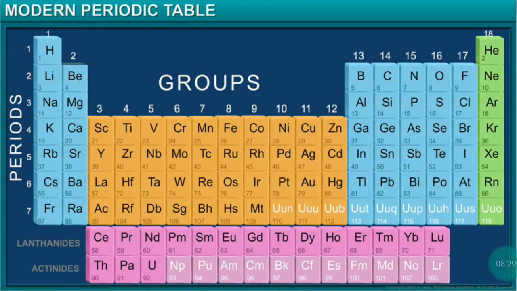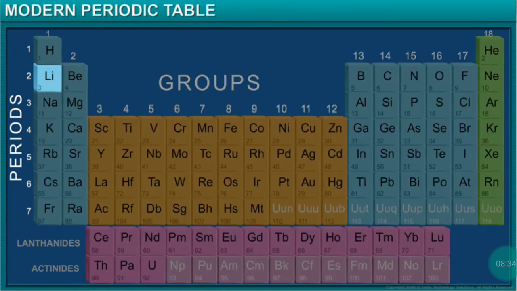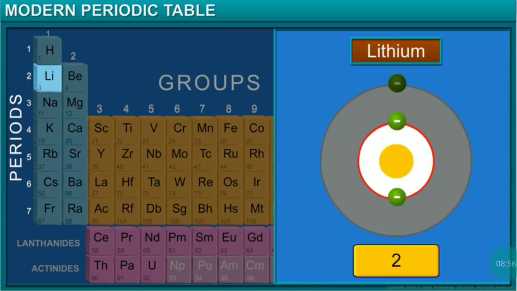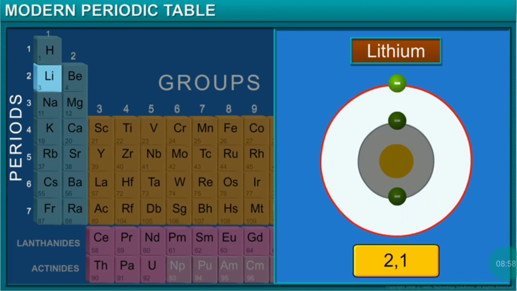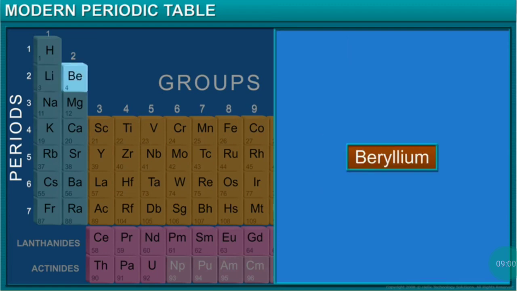Let us study one period. Lithium, beryllium, boron, carbon, nitrogen, oxygen, fluorine, and neon are present in the second period. The electronic configuration of lithium is 2,1. Beryllium 2,2.